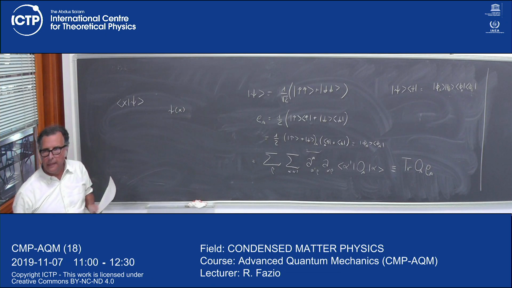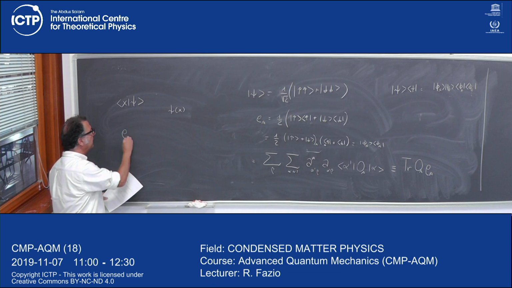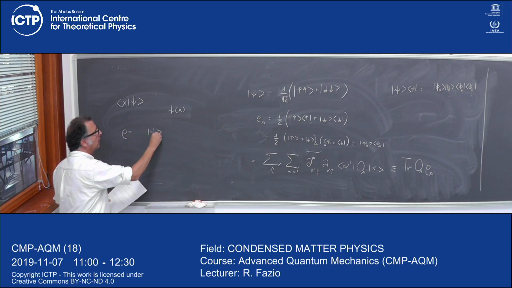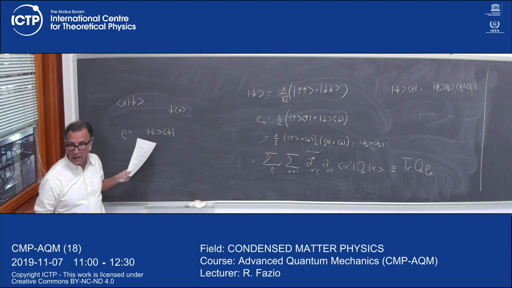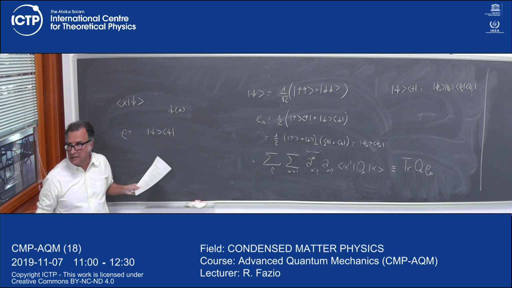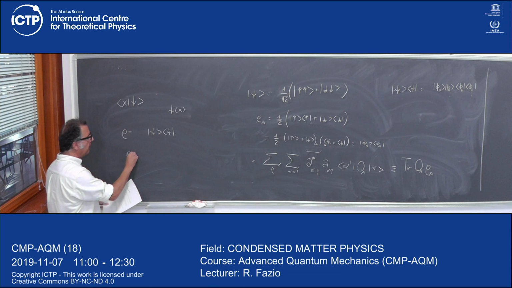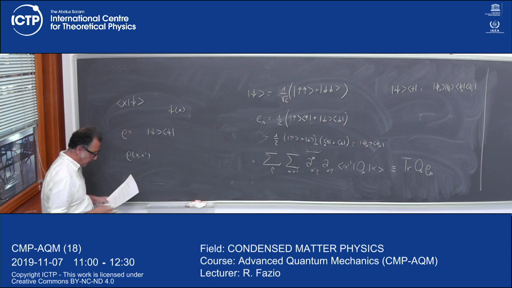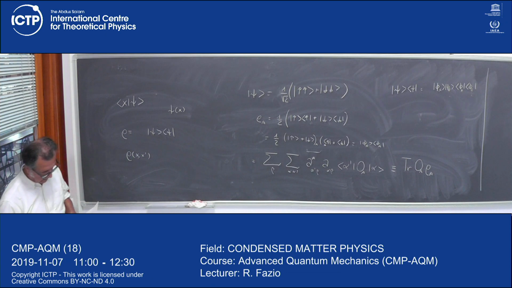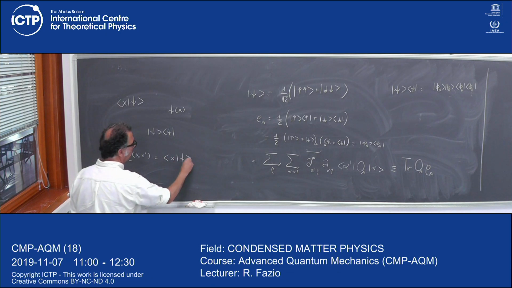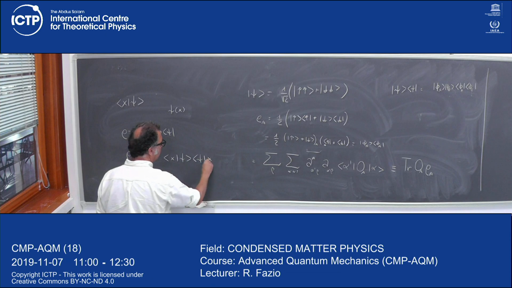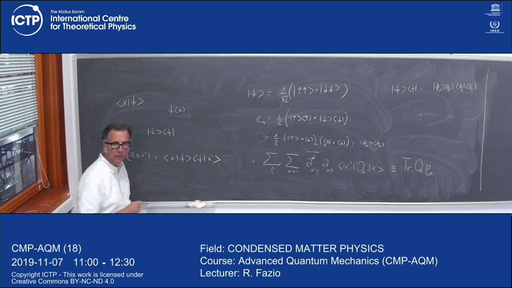Okay? Now, the corresponding density matrix in the coordinate representation means that I have to project this using x as a basis. Okay? So the elements will be <x|rho|x'>, which are equal to <x|psi><psi|x'>.